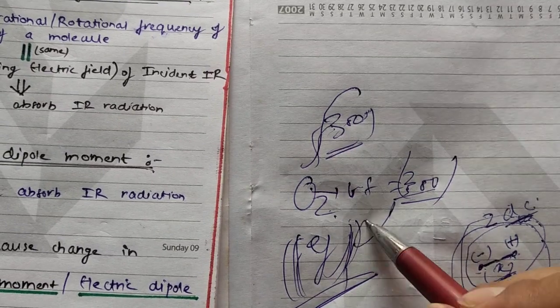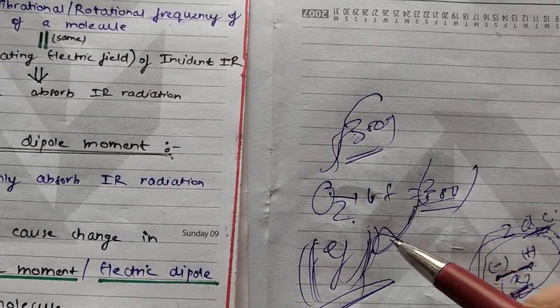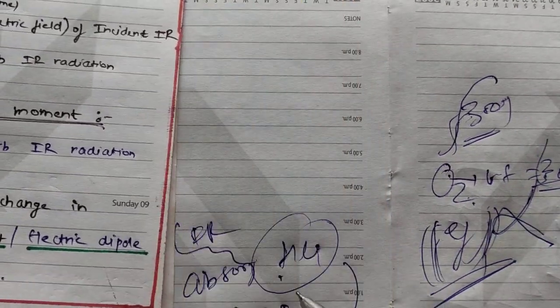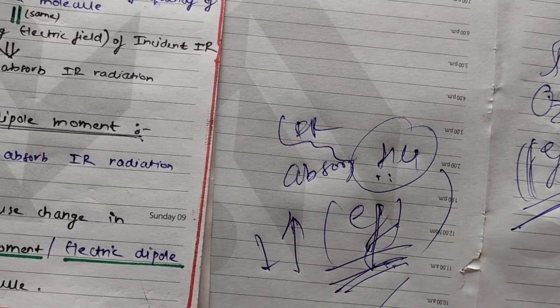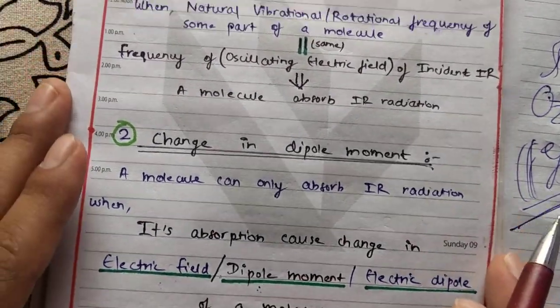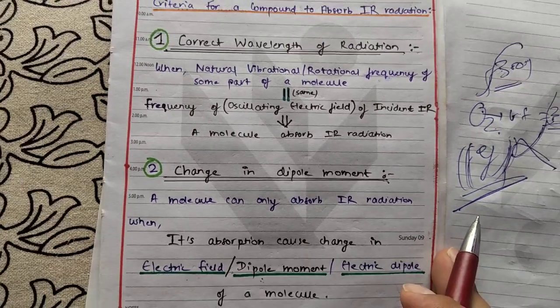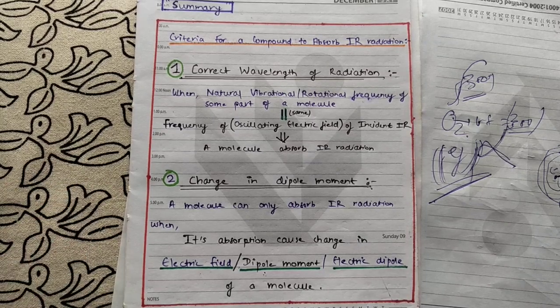If they don't have an electric field, what change will occur? So because of no electric field, there will be no absorption. Because of the electric field in HCl, after the absorption there is a possibility of change in the electric field, so the absorption takes place. So this is all about the criteria for the absorption of IR radiation. You can take a screenshot of this. Thank you, class.